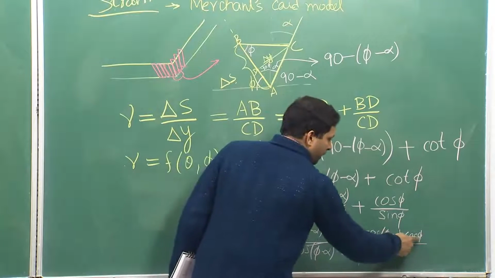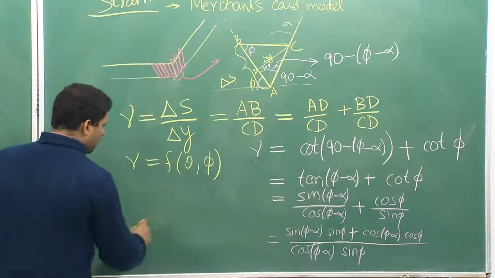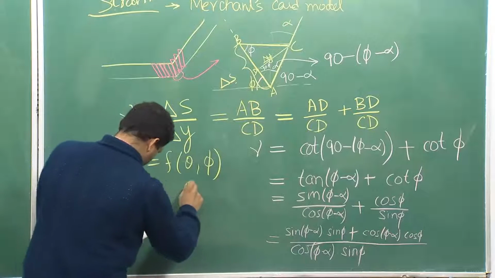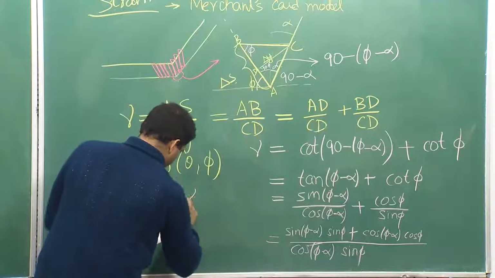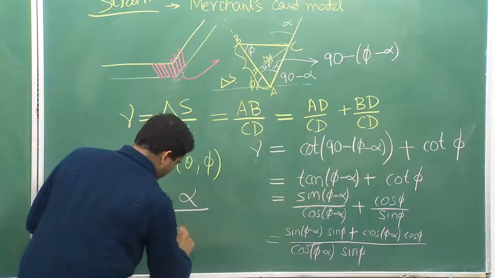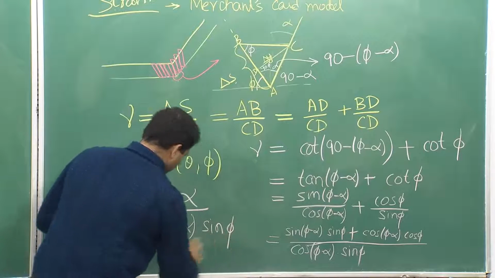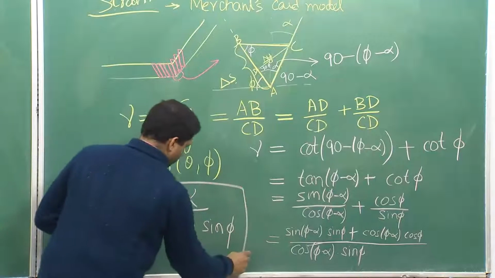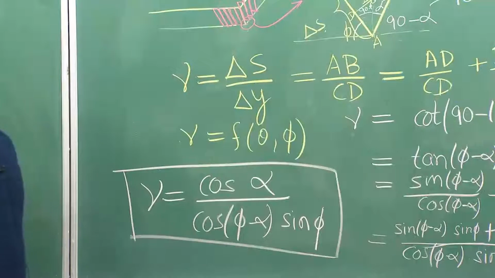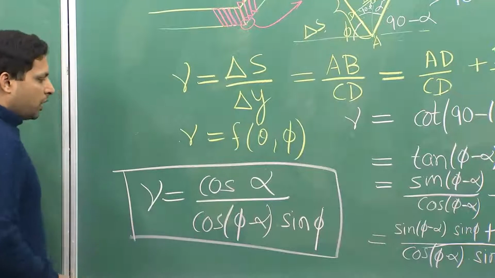Therefore, you can write phi minus alpha minus phi, and therefore, the numerator becomes... so, this is the further simplified form of this shear strain.